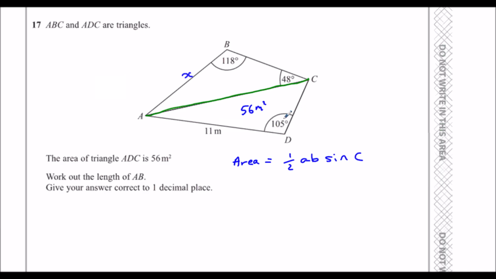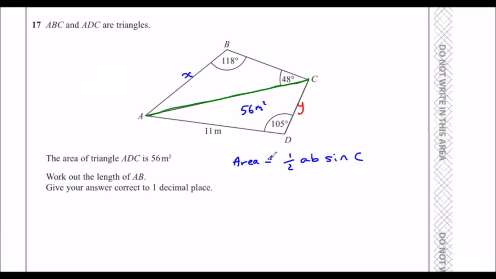So if this is big C, the two next to it are lengths a and b. So we're going to work out, I'll call it Y, this one. So we're going to work out this length here first.